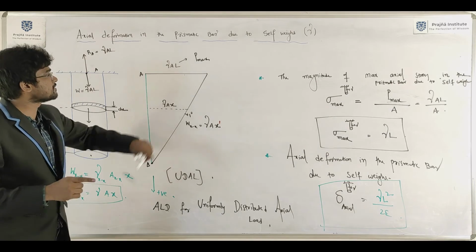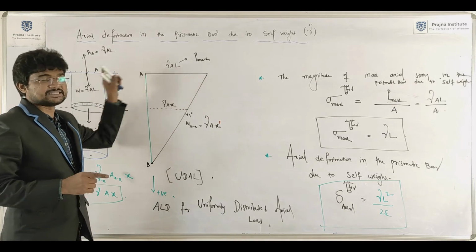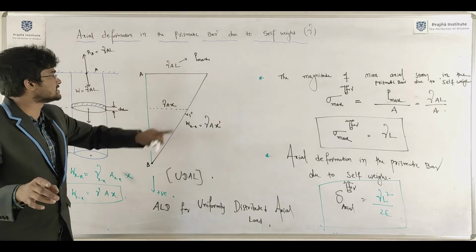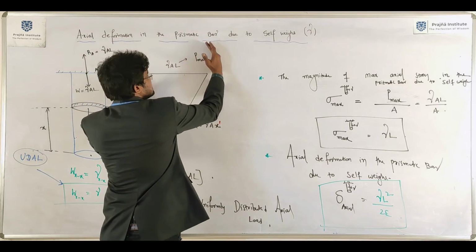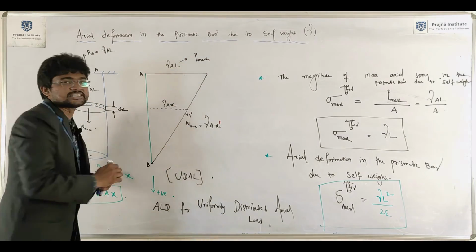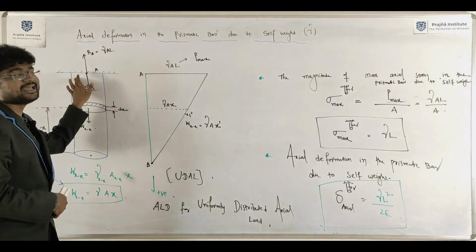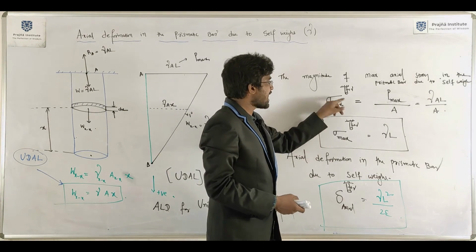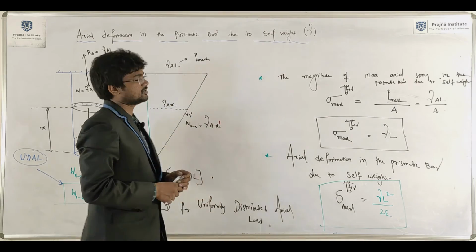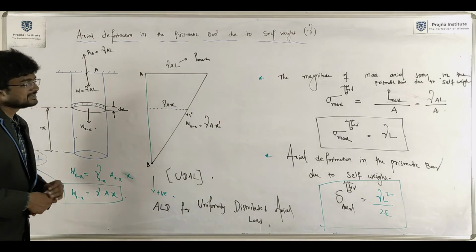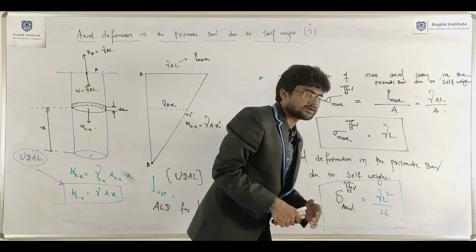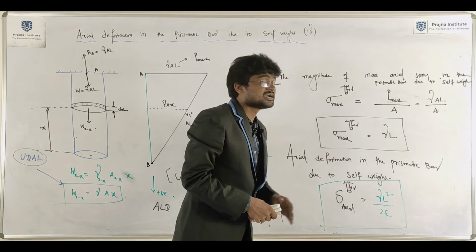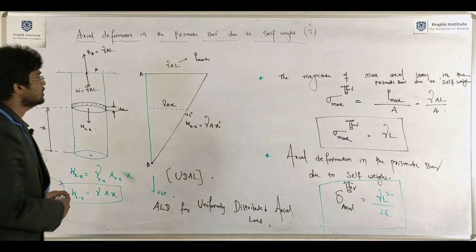How do we determine the maximum stress due to self weight? We take the magnitude of maximum load in the axial loading diagram and the corresponding area of cross section. It is very simple: gamma L square by 2E, and gamma L.